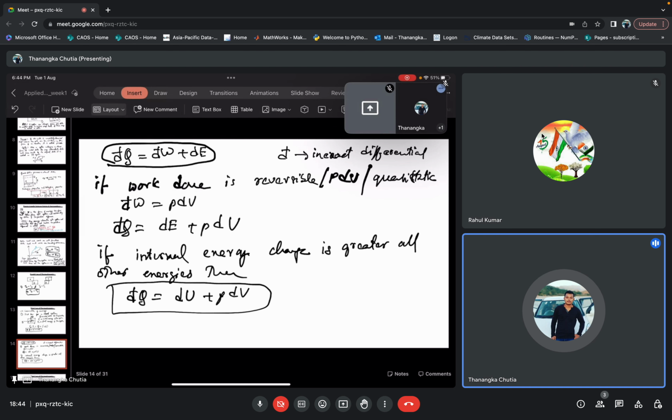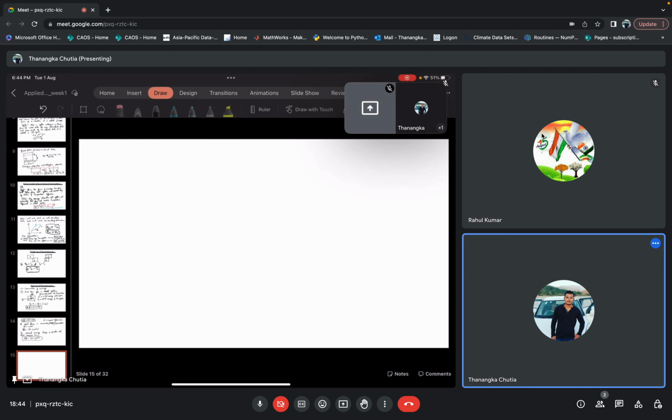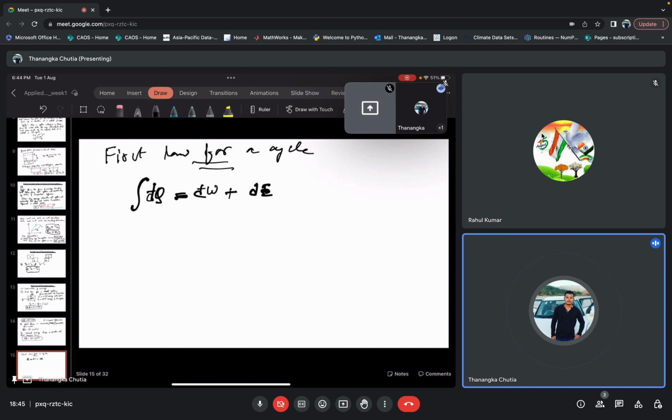Now the first law for a cycle. In a cycle, same thing, dq equals dw plus de. For this one we need to do the cyclic integral.